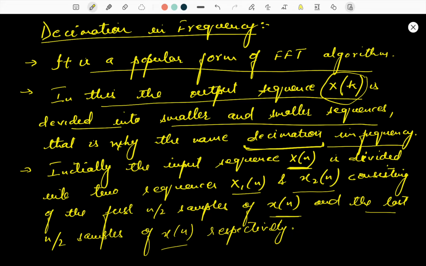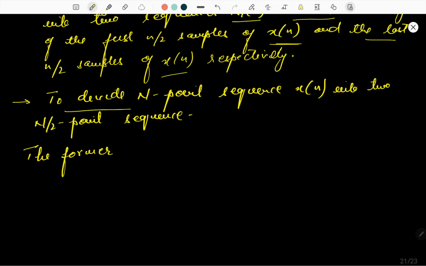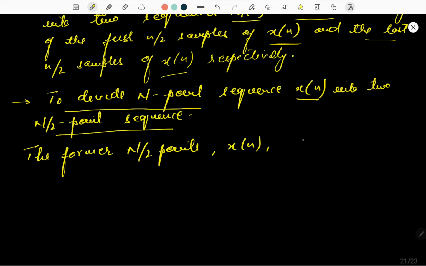Let's see further. To divide the N-point sequence x(n) into two N by 2 point sequences, the former N by 2 points are x(n), where n ranges from 0 to N by 2 minus 1.